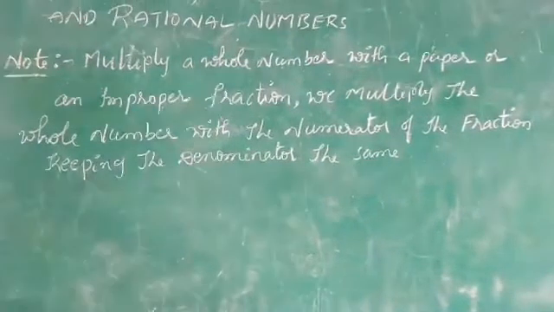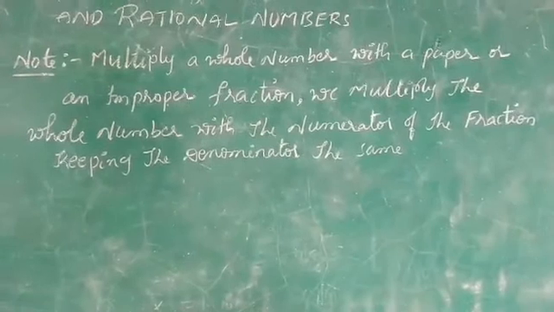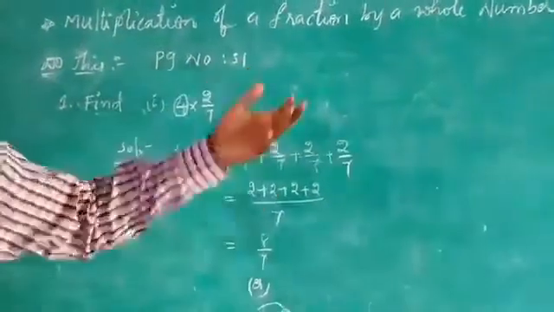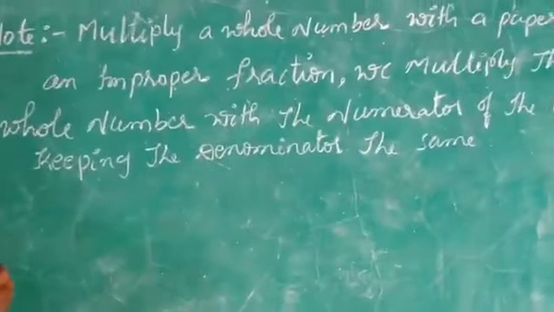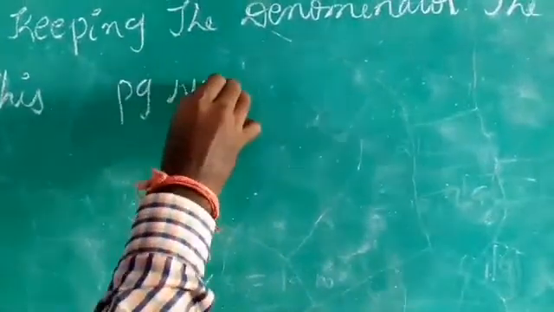One more thing, depending on the improper fraction. These are proper fractions. First, we told you whole number with proper fraction. Now I am going to explain whole number with improper fraction. Page number 31.